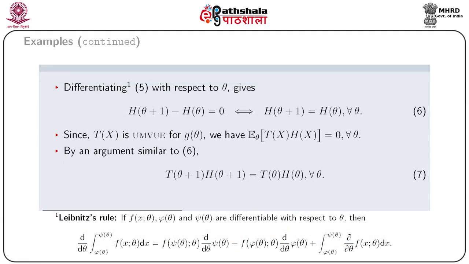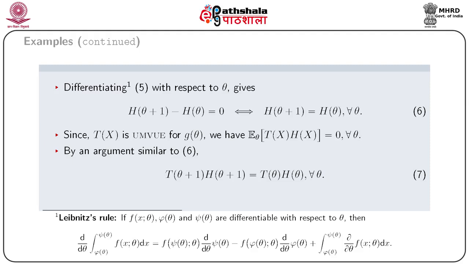Differentiating both sides with respect to theta by Leibniz theorem, we get h(theta + 1) - h(theta) = 0 for all theta, which implies h(theta + 1) = h(theta) for all theta. We write this as equation 1.